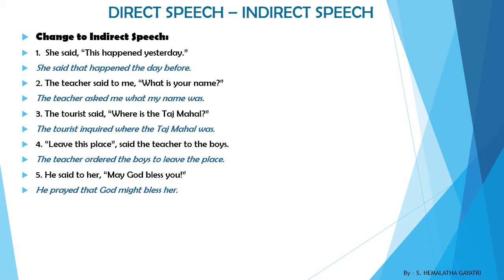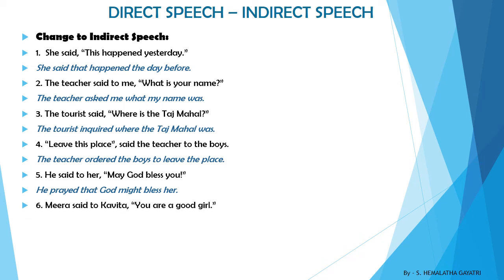Said to her can also be changed to told, but here he is asking for a blessing, he is praying, right? So we will make it simple, like he prayed that God might bless her. Here you have to remember that the modal verb may is changed, the tense of it is changed to might there. Okay, so the answer is he prayed that God might bless her.